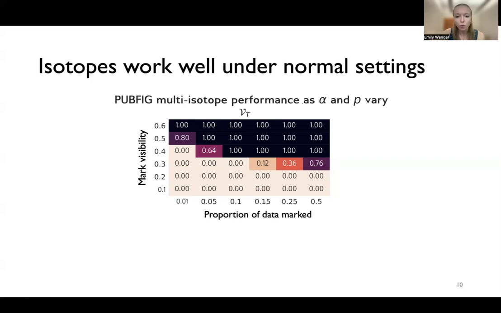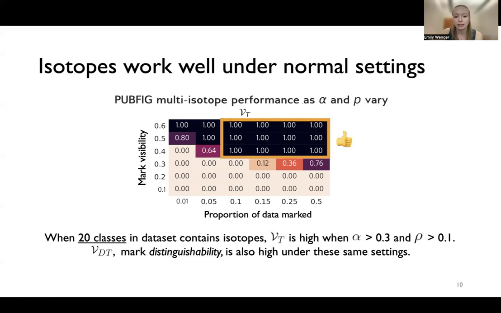What we see here is once alpha is above 0.3 and rho is roughly 0.1, we can really consistently detect the isotope. This means that even if only 10% of Alice's data is marked somewhat faintly, we can be sure that isotopes are detectable. We also measure something called mark distinguishability, meaning how can we tell if different isotopes belong to different classes, and that is also high under these settings.